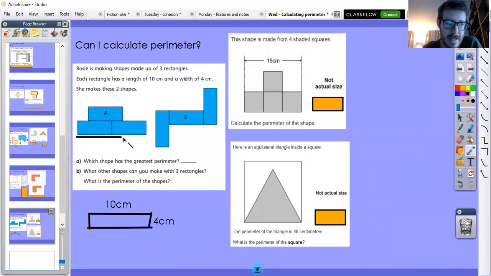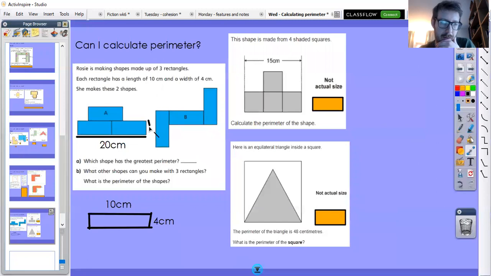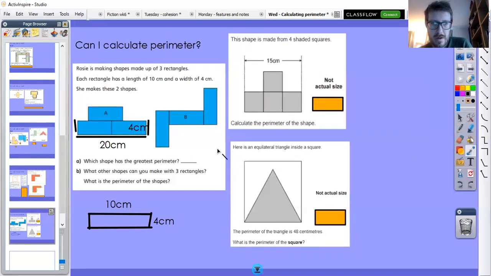Well, we know that this length here will be 20 centimeters. And we know that this here and this here will be 4 centimeters each. And then we know that these two will also be 4 centimeters each.